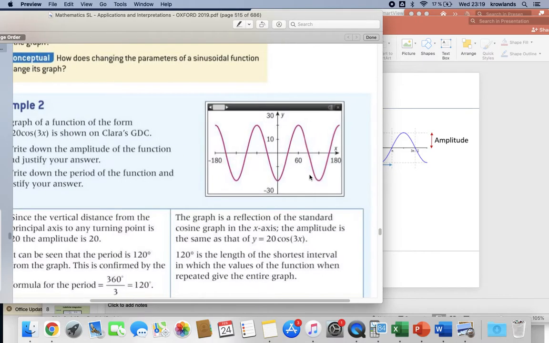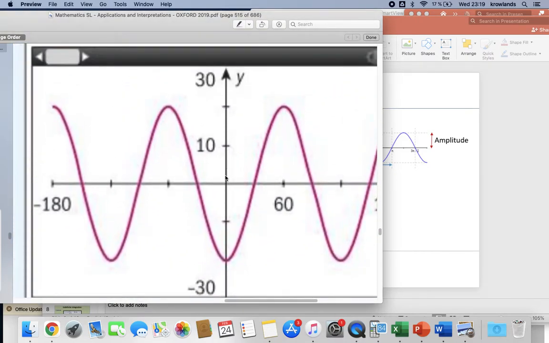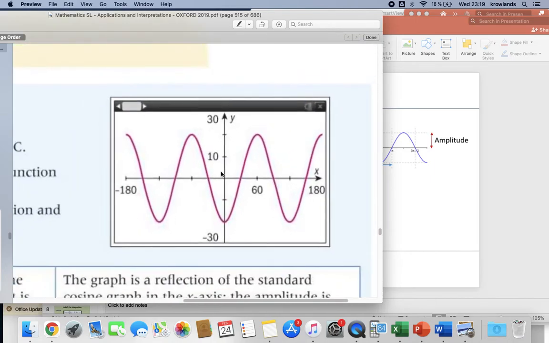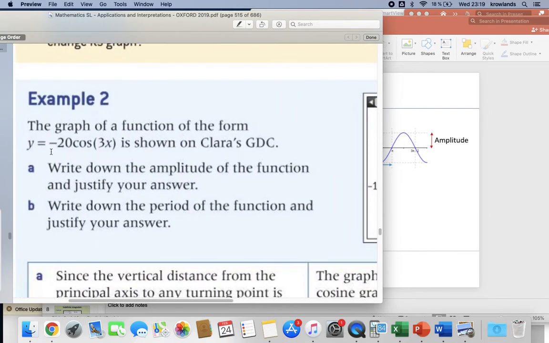So, you might not be able to realise this, but this is jumping up in tens, 10, 20, 30. Because this is the principal axis, our amplitude is going to be counted from the x-axis. Therefore, the amplitude is 20. So our answer is going to be 20.